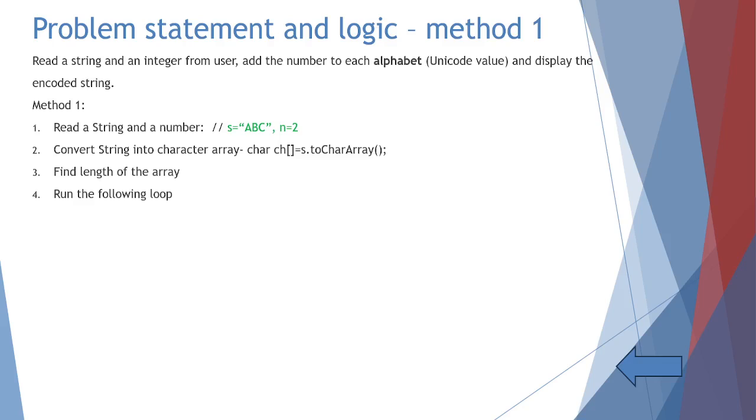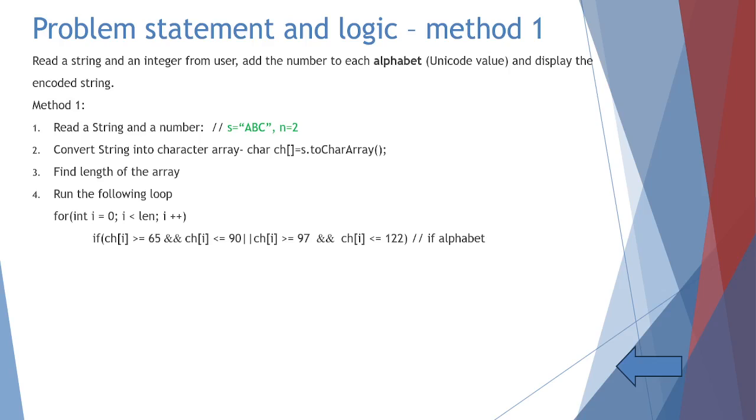Now find the length of the array or a string, one and the same, and run the loop. Run the following loop in such a way, starting character index I is 0 till the length, that is I less than len, I plus plus. We run a loop. This method is very simple but not effective. If the character is an alphabet, we don't touch numbers or spaces for the time being.